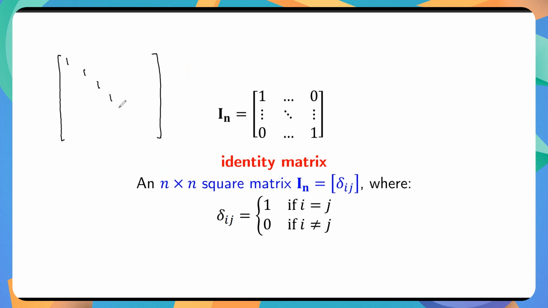So the diagonal values of the matrix will have just 1, and the rest outside the diagonal would be 0. So all of this would be comprised of zeros. That is how an identity matrix works.